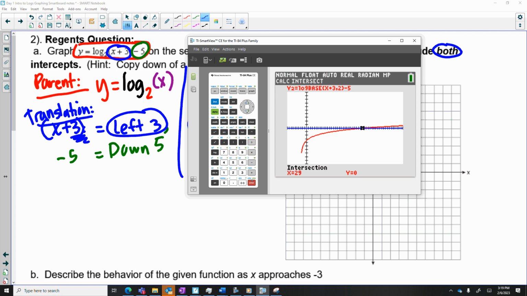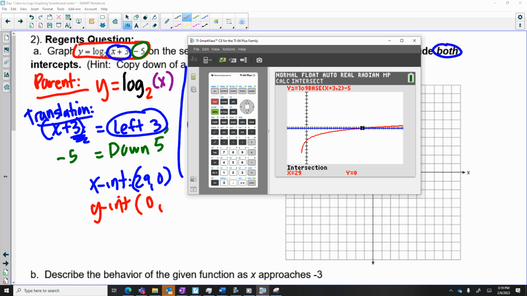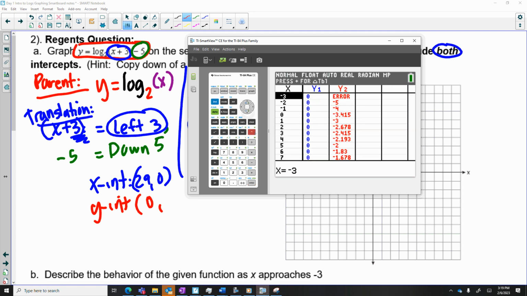So I need to include that my x-intercept is (29, 0) and my y-intercept was (0, negative 3.415).